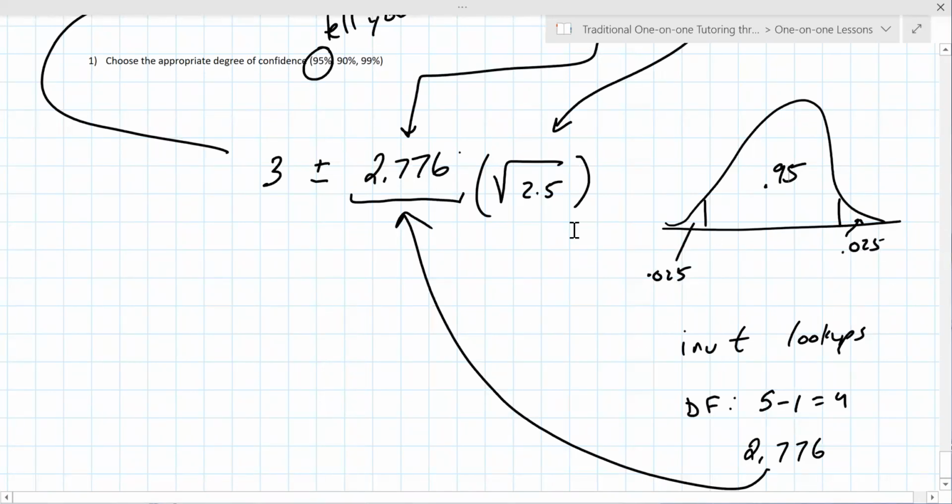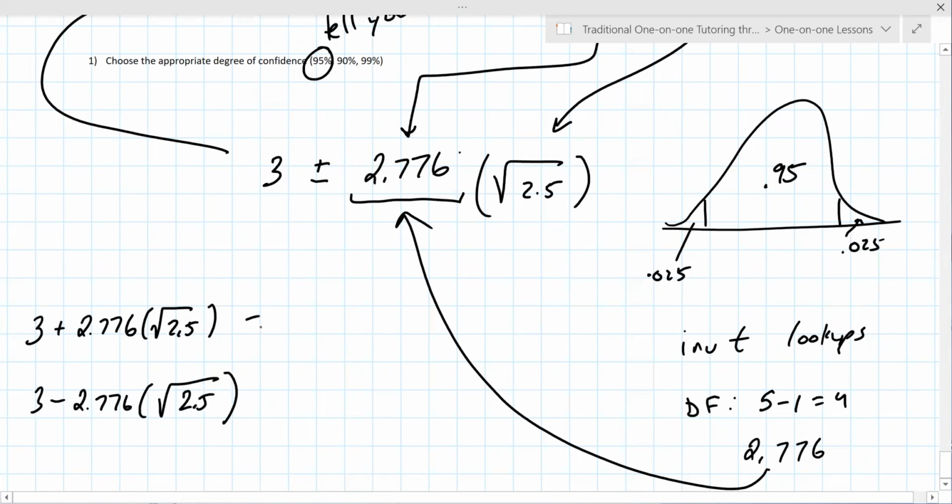It's the same in each tail. Once you get that number, it's really 2 calculations. It's 3 plus 2.776 times the square root of 2.5, and it's 3 minus 2.776 times the square root of 2.5. Okay, I see how that works.